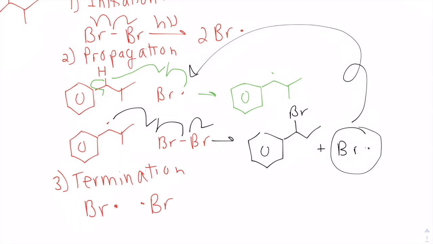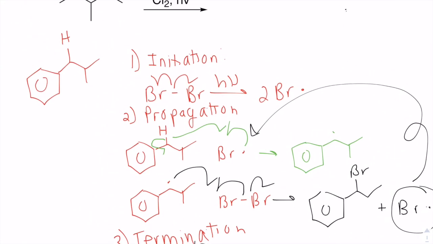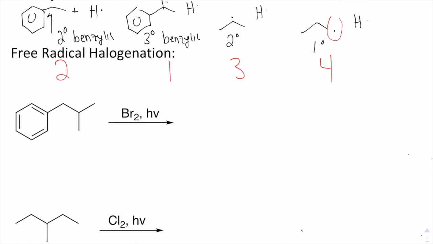If I just had two bromine radicals come together like this, the result is a bromine, and now we have no more radicals left, so no radicals to continue propagating. Okay, so all your radical mechanisms are going to follow initiation, propagation, and termination, and bromination is just more regioselective than chlorination.